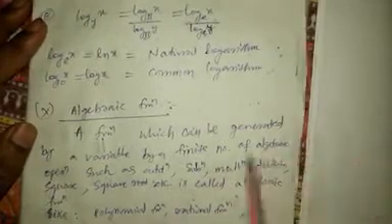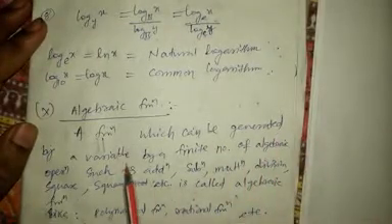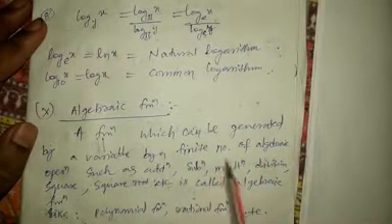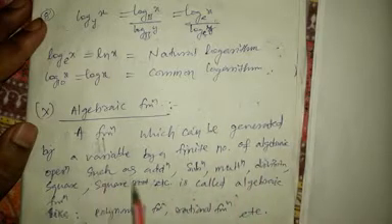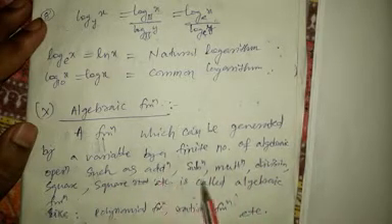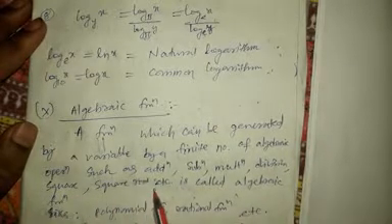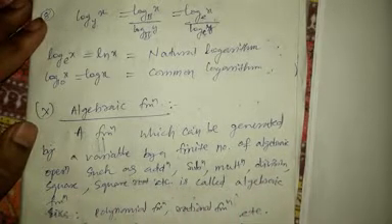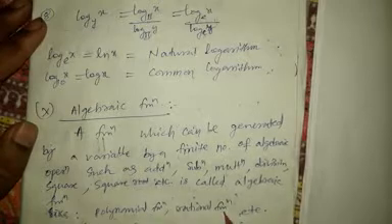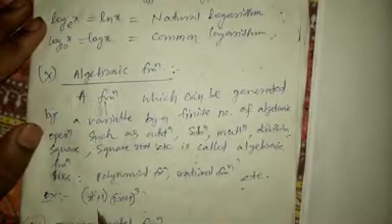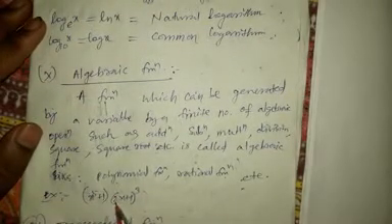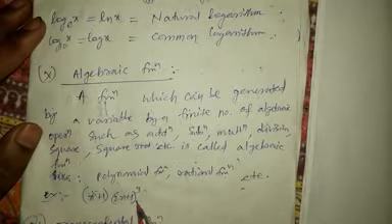Now algebraic function: a function which can be generated from a variable by a finite number of algebraic operations such as addition, subtraction, multiplication, division, square root, etc. is called an algebraic function, like polynomial function, rational function, etc. Means x to the power 5 plus 1 into 2x plus 1 whole to the power 3.